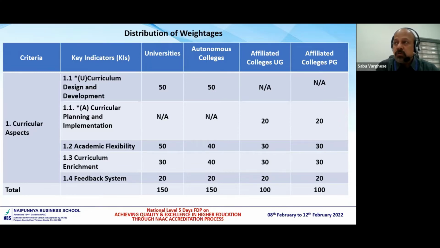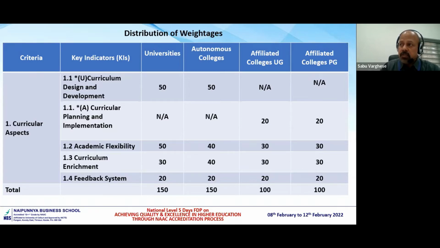When it comes to colleges which are not autonomous, we'll be focusing on curricular planning and implementation. There are no points for design and development, but we focus on planning and implementation, which is 20 points, whether it is an affiliated UG college or an affiliated PG college. Why is it like that?